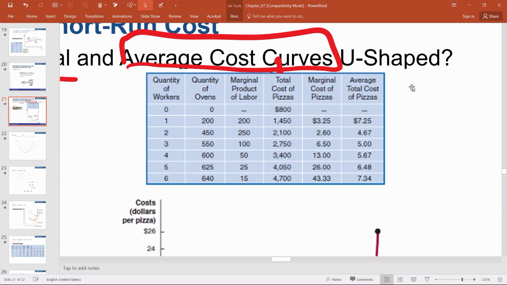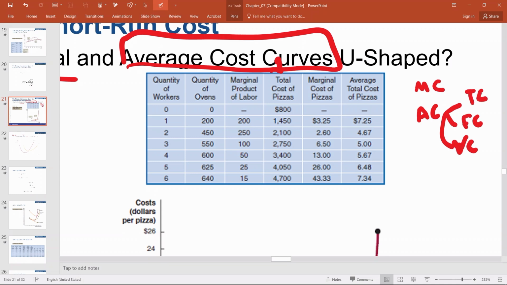So we have two things to do: to know the marginal cost and to know the average costs, which are three types: variable cost, fixed cost, and total cost. Once you do it, it becomes average total cost, average fixed cost, and average variable cost. And those costs are related to the production level when you calculate them.